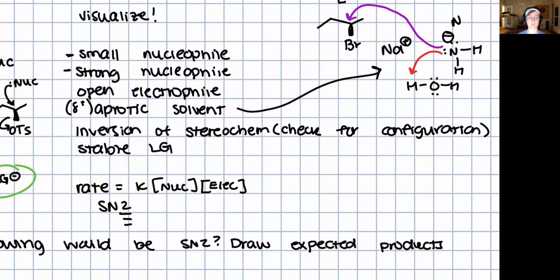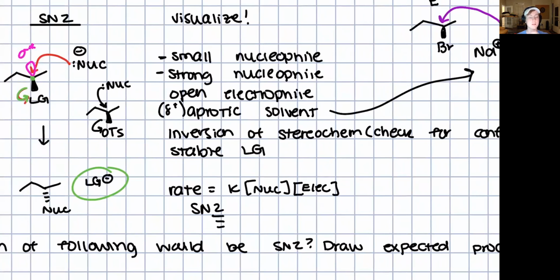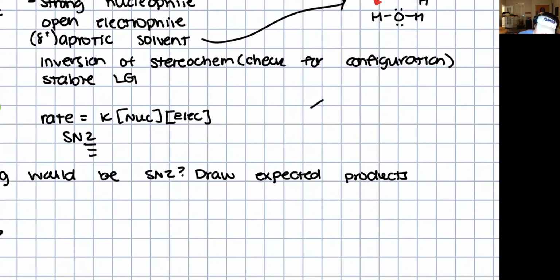And then the last important thing to consider when we do SN2 is we really want the leaving group to be stable. So if we kick off the leaving group and it's really upset that we did that, we're not going to go ahead and do the SN2 mechanism. And so a lot of times you'll see that if we have something with a water or an OH group, if we kick off this OH group, it becomes a hydroxide anion.